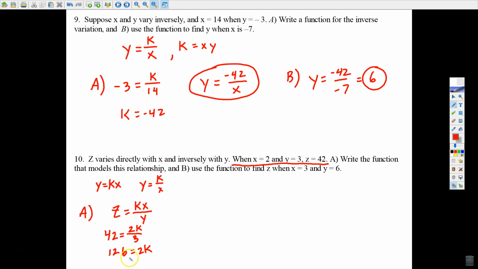And if you divide by 2, that means k is 63. So here is my letter A answer. The function that models this relationship will be z equals 63x over y.